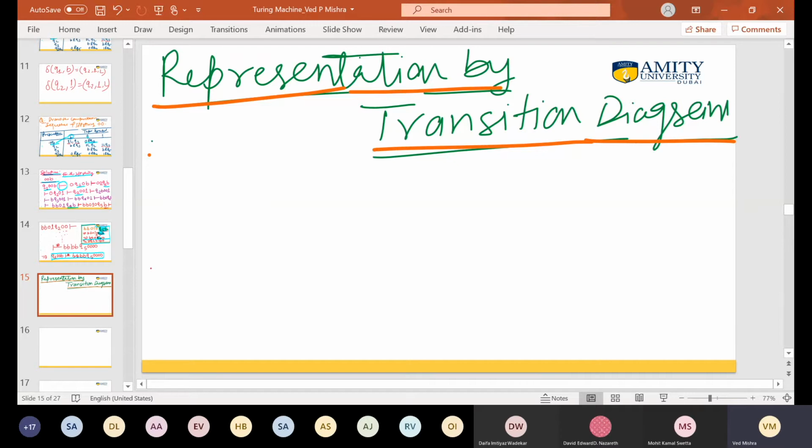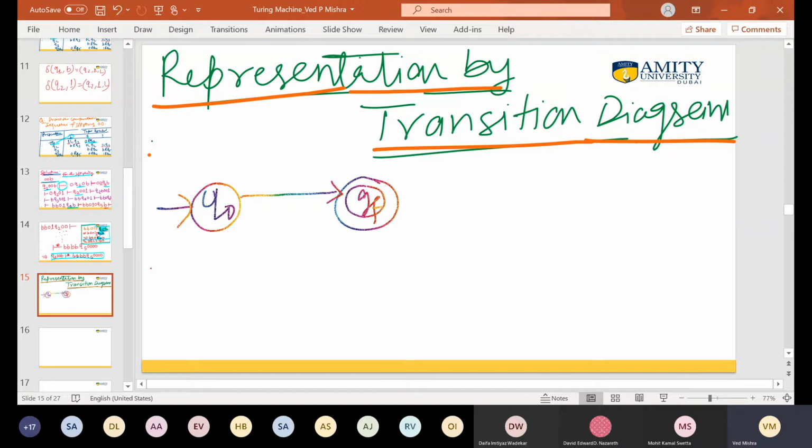Suppose that you have something, this is the initial state and this is the final state, and you are going from the initial state to the final state. Whenever we use these arrows, Q0 to QF, you give some label here.